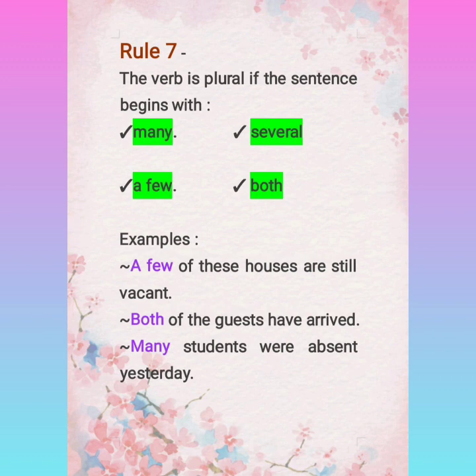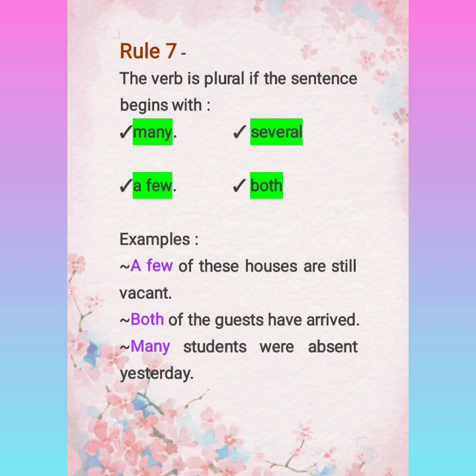Rule number 7: the verb is plural if the sentence begins with many, a few, several, both. Words like these are used with countable nouns. That's why they will take a plural verb. For example, a few of these houses are still vacant.